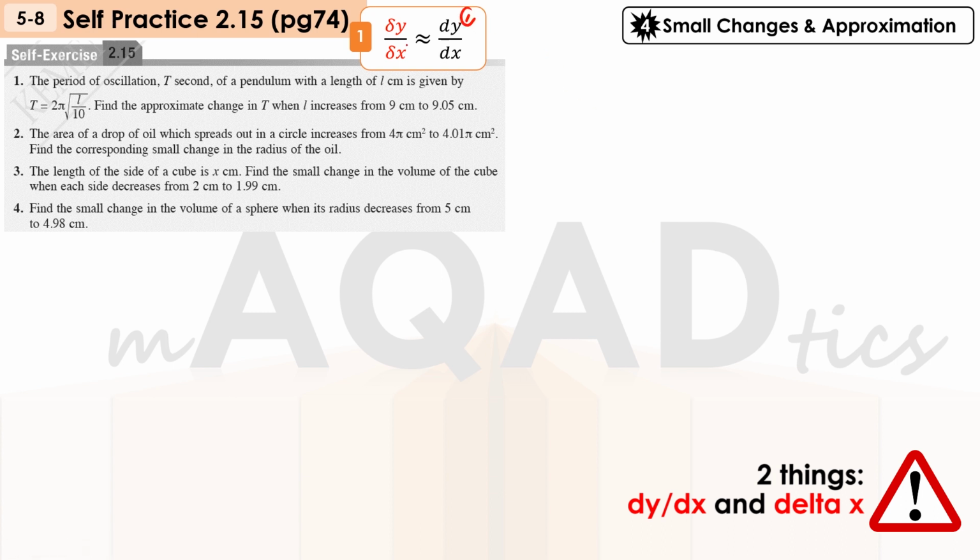The other is delta x, but I move it to the other side first, so it cancels off. Then delta y is approximately equal to dy over dx multiplied by delta x. Also note that this delta x is usually given in the question.